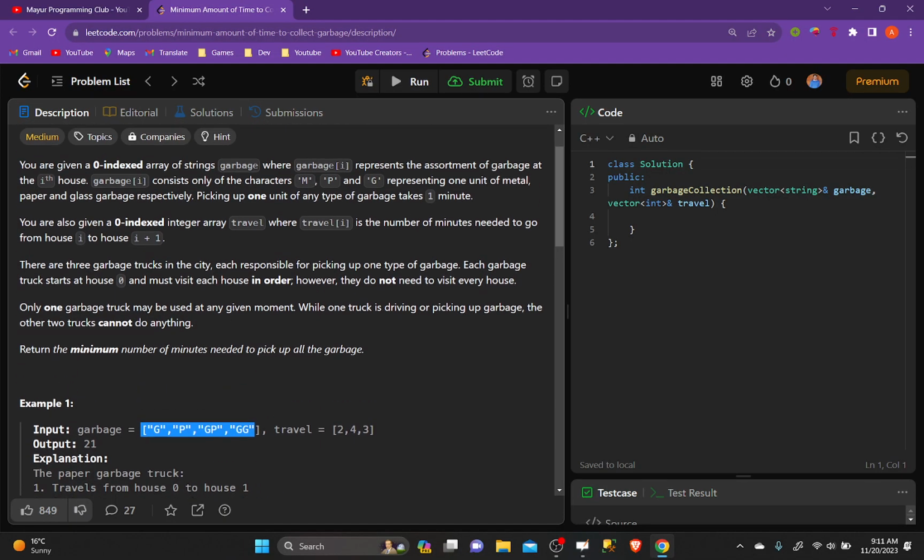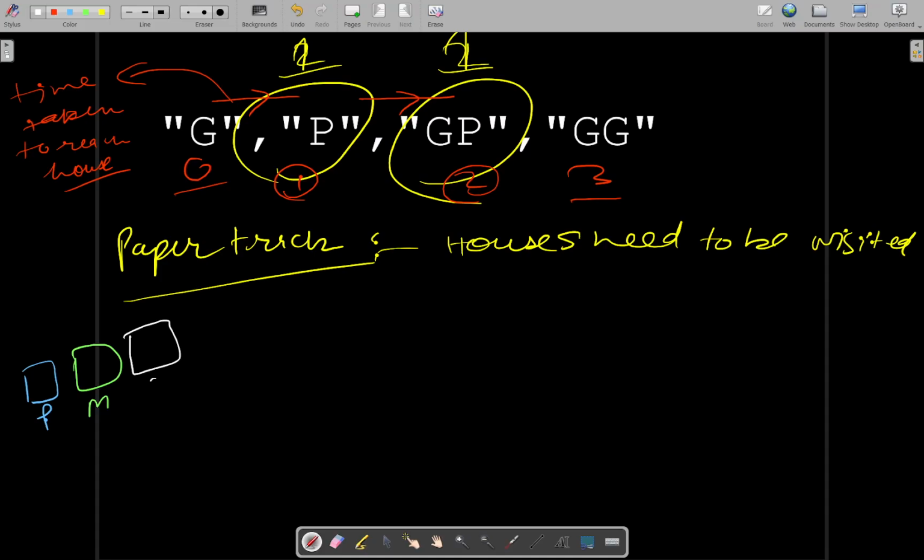I think it was glass. So glass garbage will be denoted by these colors. Let's say these are the trucks, and it cannot be the case that all three trucks are visiting one house at a particular point of time. Only one of them can be visiting a house at a particular point of time.